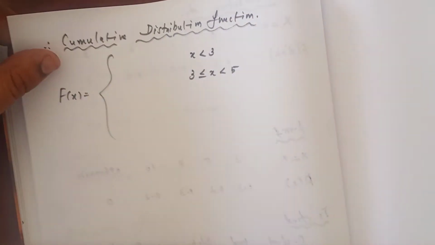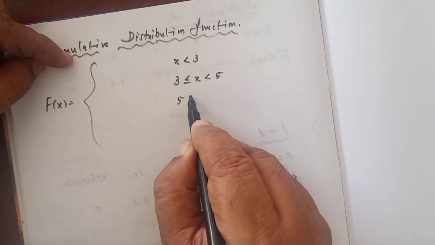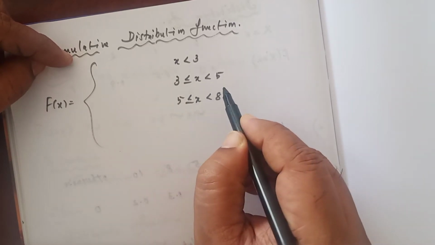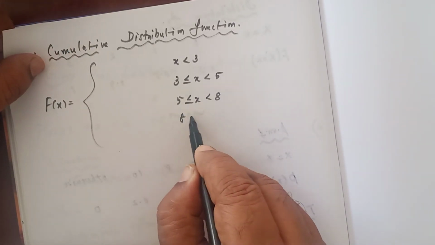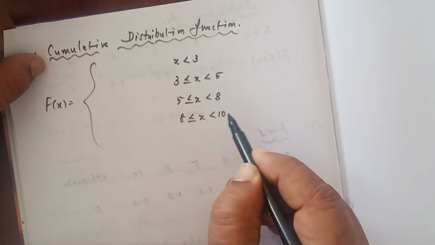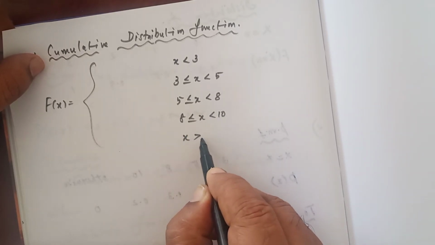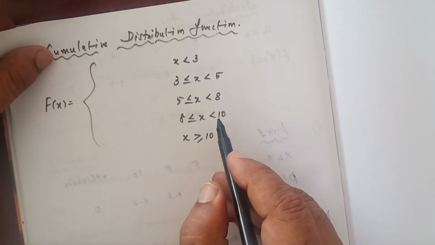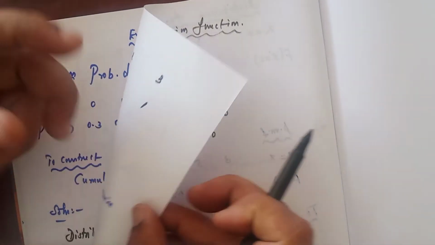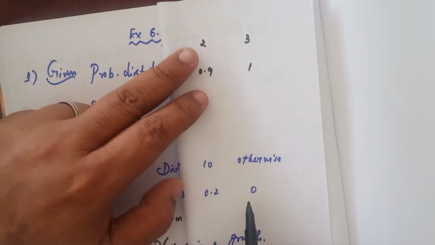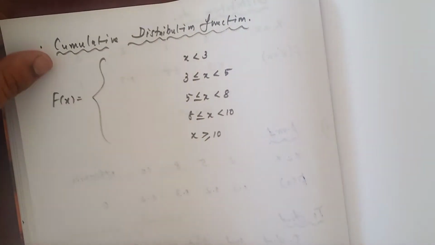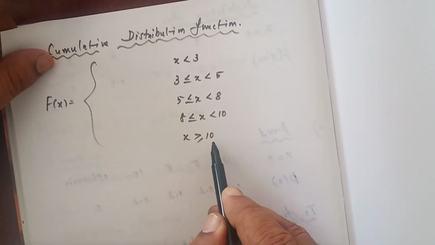Then the next number 8, after that 10. So 5 less than or equal to x less than 8, then 8 less than or equal to x less than 10. Finally, you have to write x greater than or equal to 10.